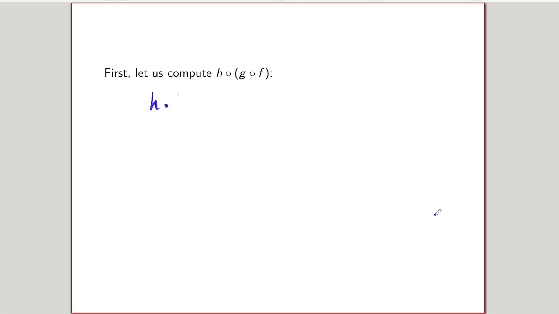H composition g composition f. Here we know that H is nothing but f inverse composition g inverse. We are taking this composition with g composition f.